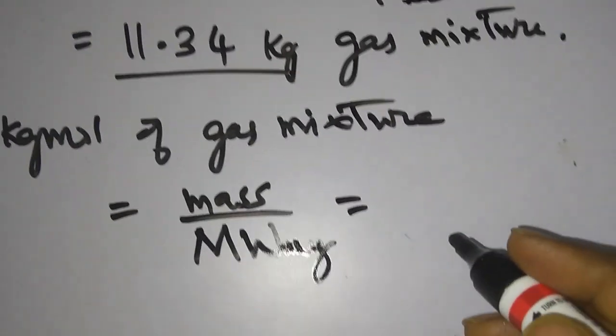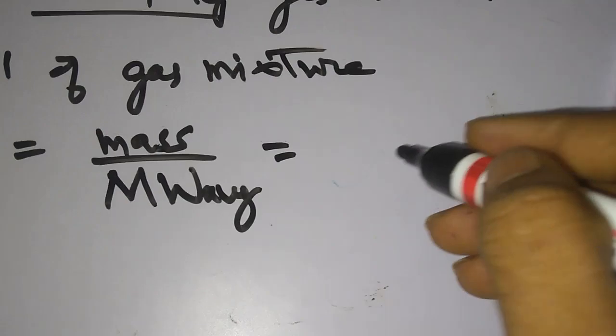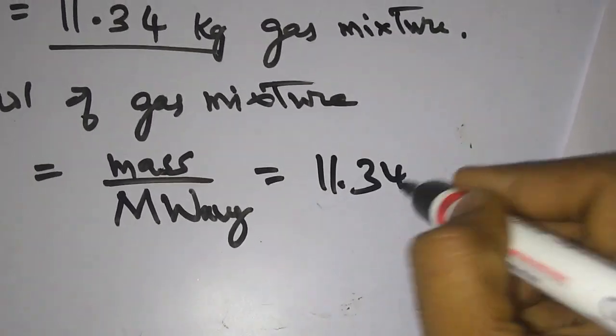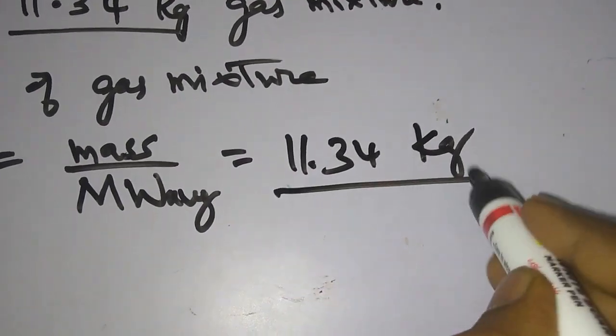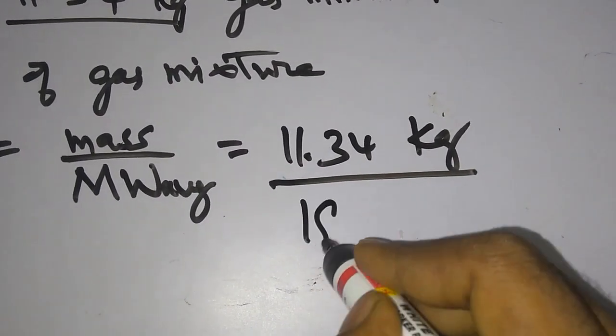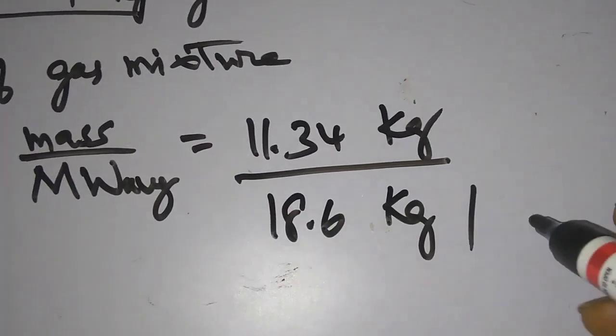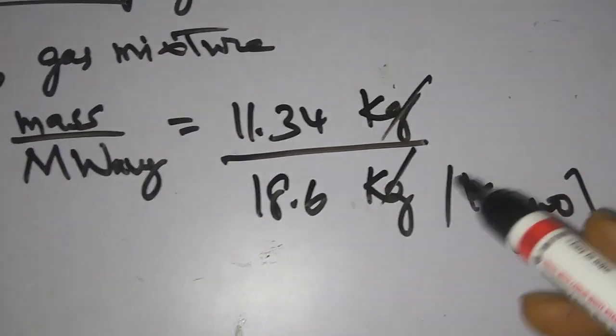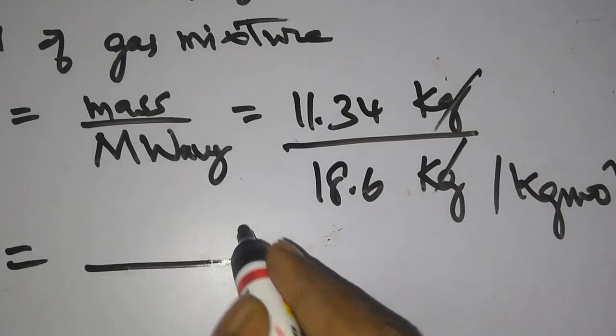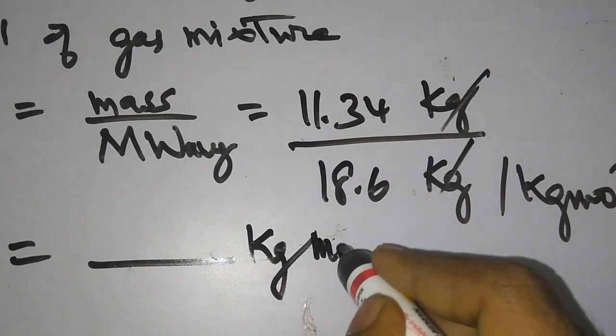So what is the mass here? Mass is 11.34 kg and molecular mass is 18.6 kg per kg mole. So kg gets cancelled, and we have the numerator value in kg moles.